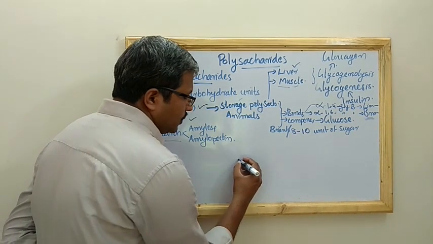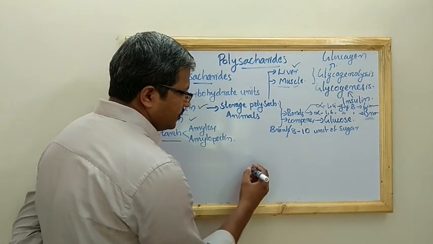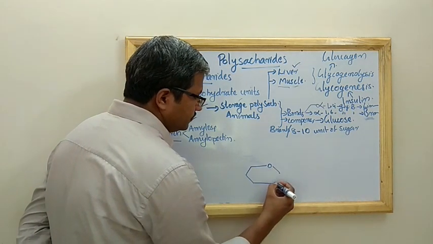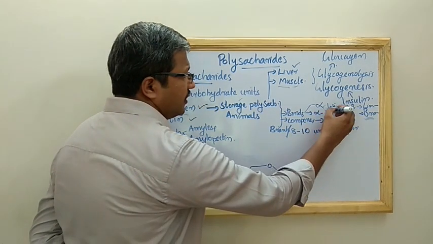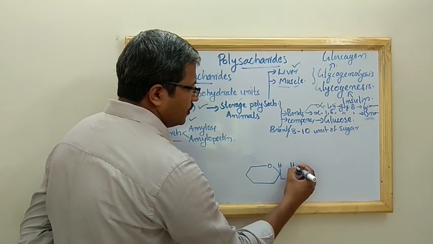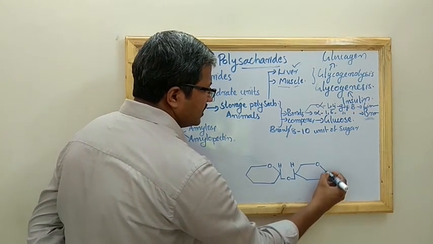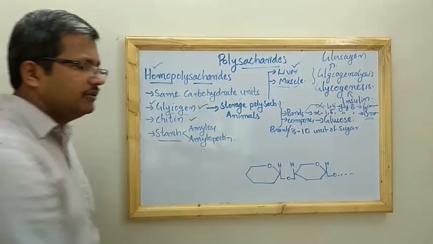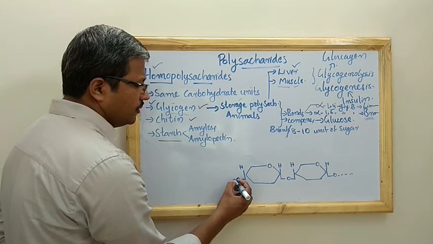So you can see glucose here. I'm just drawing here so that I can draw the branching. So one glucose unit, we know that it is alpha 1,4 linkage, so alpha configuration only. So two glucose units are linked by alpha 1,4 linkage. I'm just putting a dot for the next polymers, and here also we can find HO.